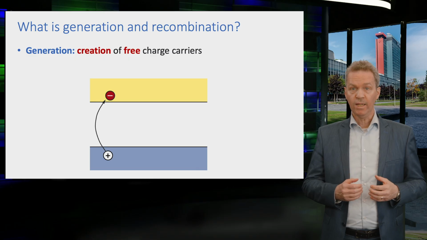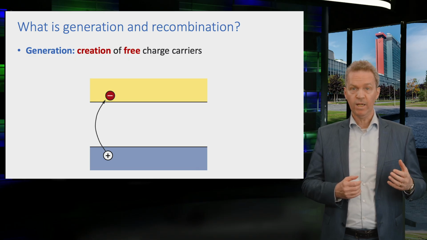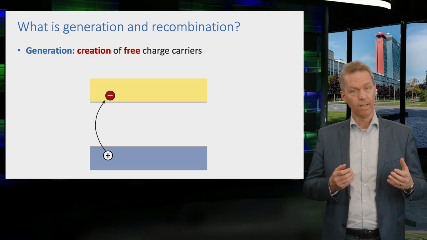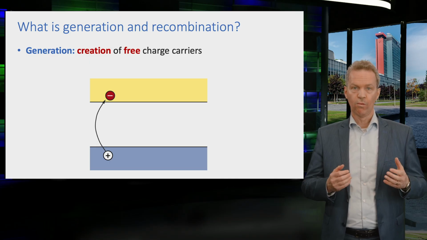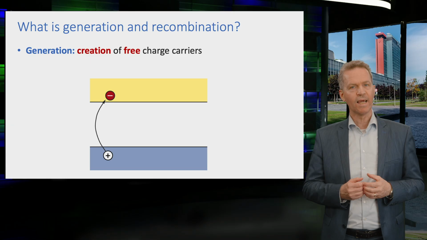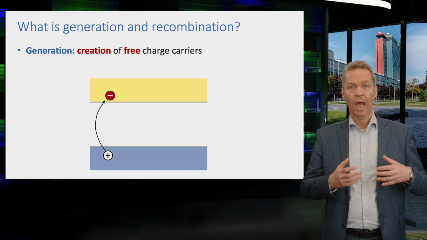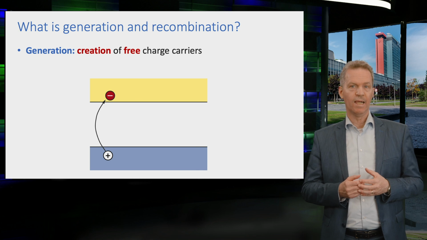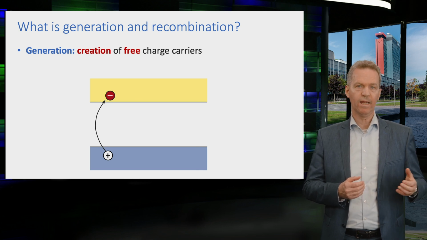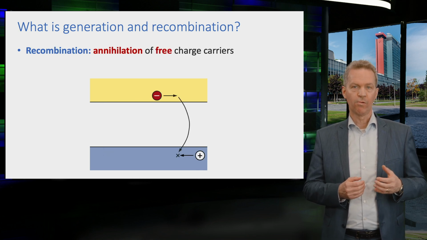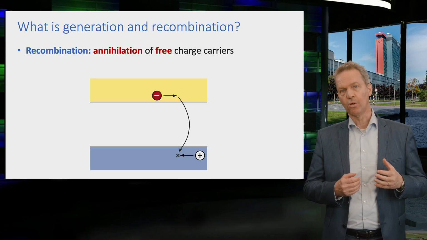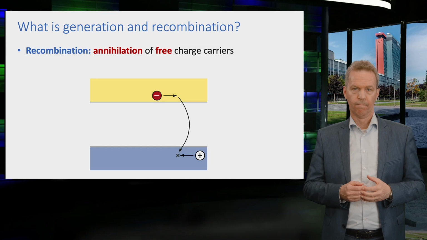As such, generation is the process in which free charge carriers are created, with the emphasis on free. Evidently, for reasons of detailed balance, we must have the opposite process, in which electrons may lose energy in interactions with the lattice and fall back to the valence band. This process, in which charge carriers are annihilated, is called recombination.